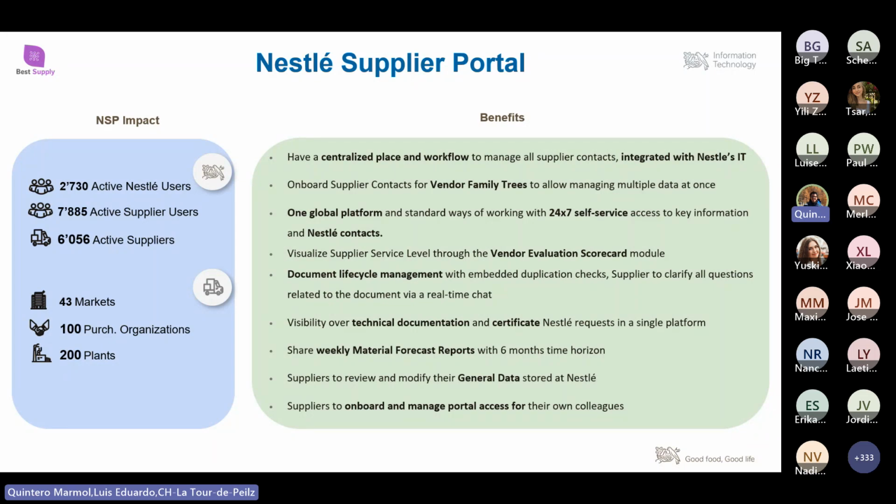So also you can see in the part of the users on this left side in the figures that more than 7,000, almost 8,000 users from the suppliers side are in the portal interacting with our employees, more than 2,700 employees also sharing information with you. And this is represented with 6,000 suppliers that already have active profiles in our portal and are interacting with the information that we are sharing or requesting to you.